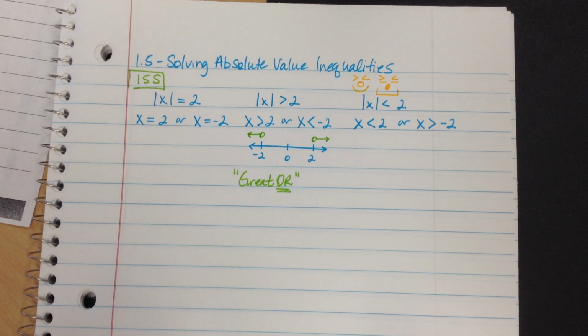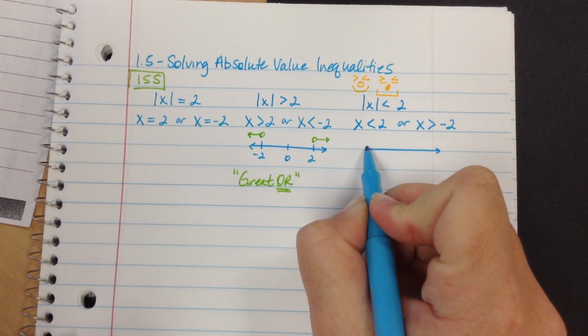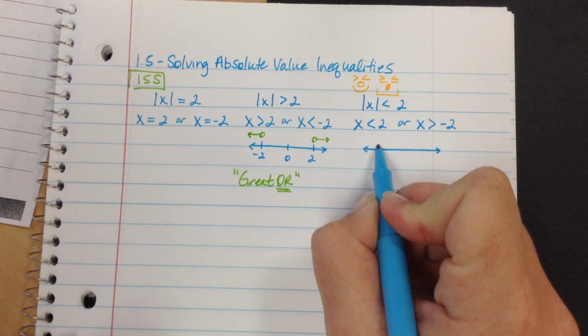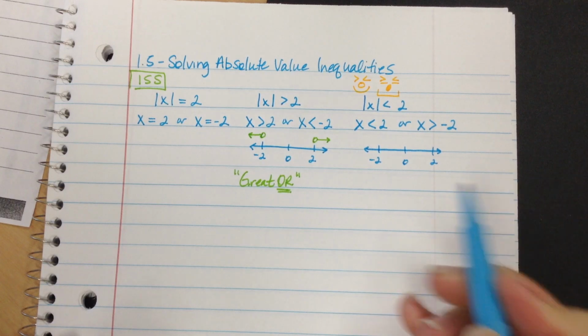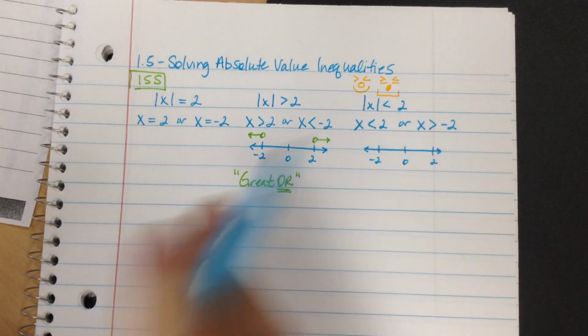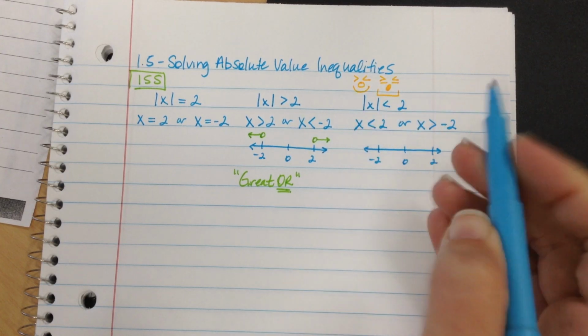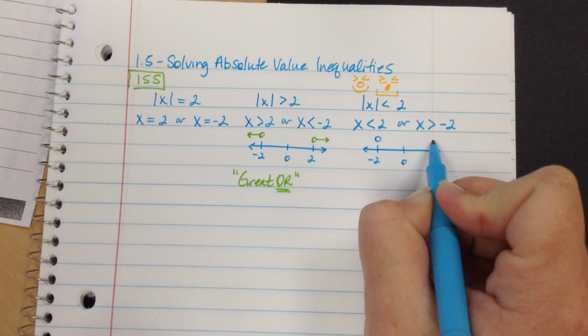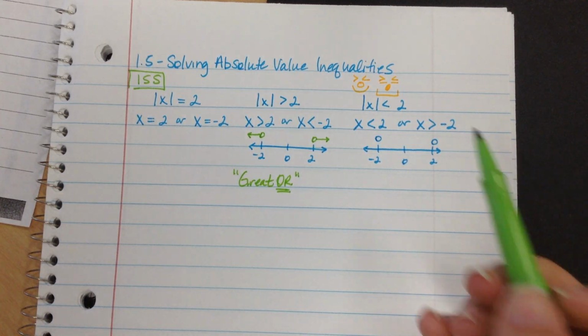Now, the last one. Again, we have negative 2 and positive 2, so I'll put those on the graph. I have a less than sign. Less than sign, it does not have an equal to, so that tells me automatically I'll also have open dots. Oh, I should have done that in green. Aw, I don't like it when it's not looking the same.